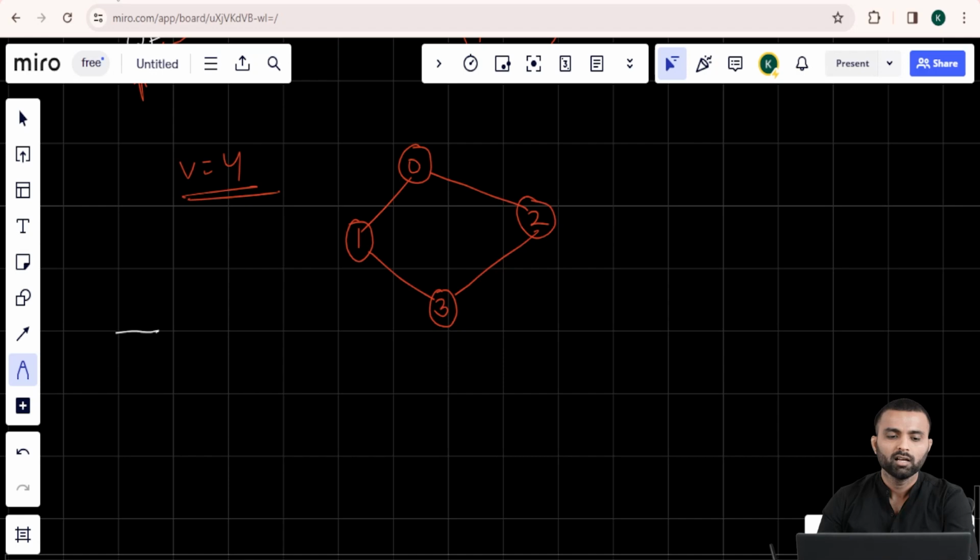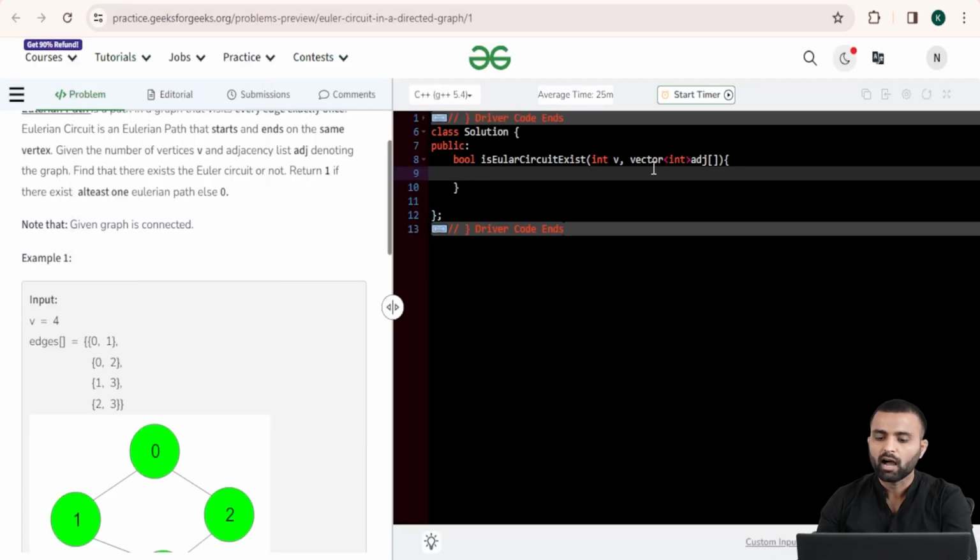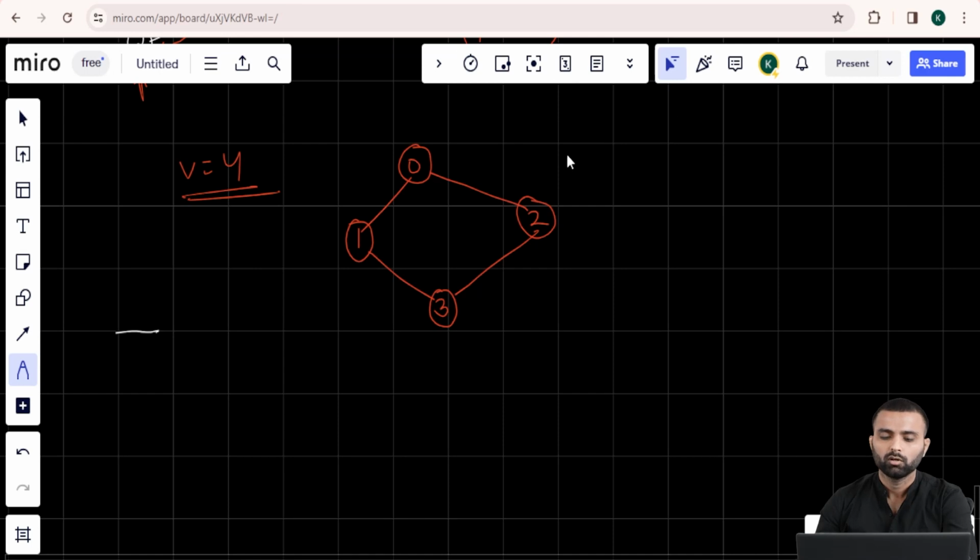In the question, the adjacency list will be given to me. We can find the degree just by checking the adjacency list size. Here 0 has 1 and 2. 1 has 0 and 3, 3 has 1 and 2, and 2 has 0 and 3.